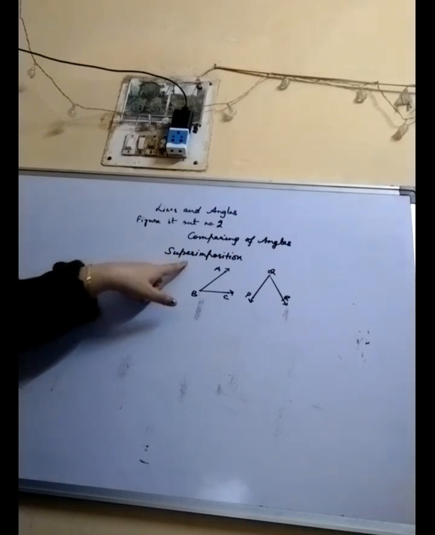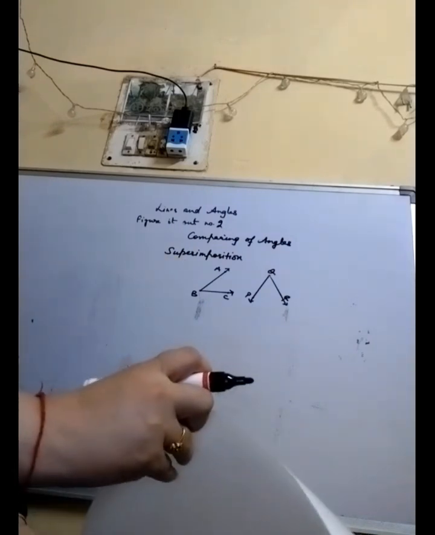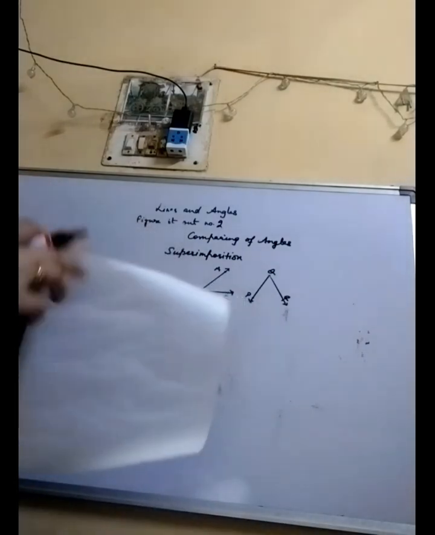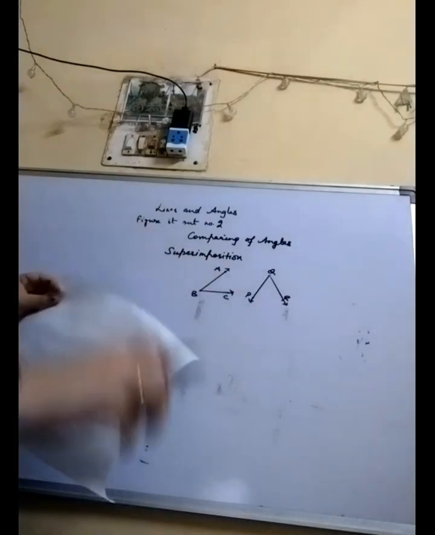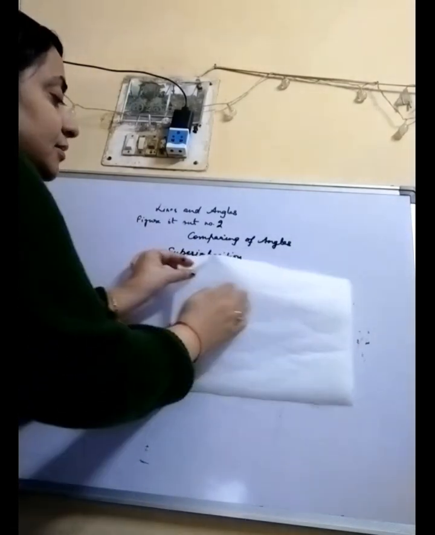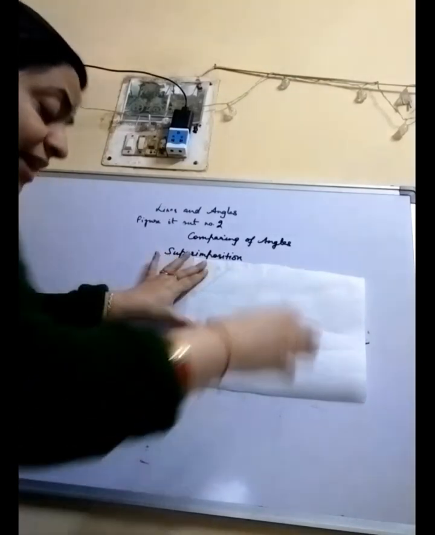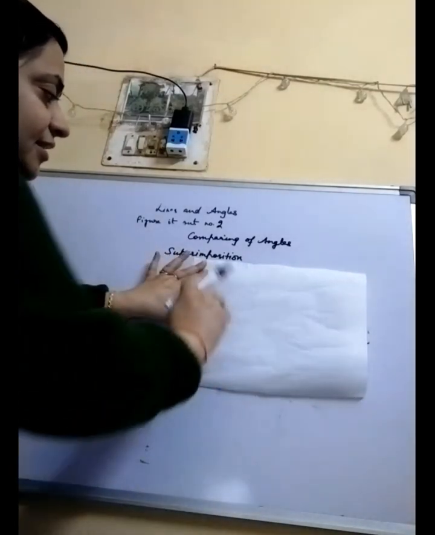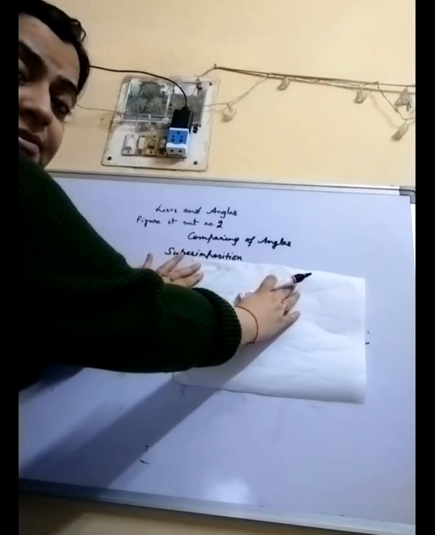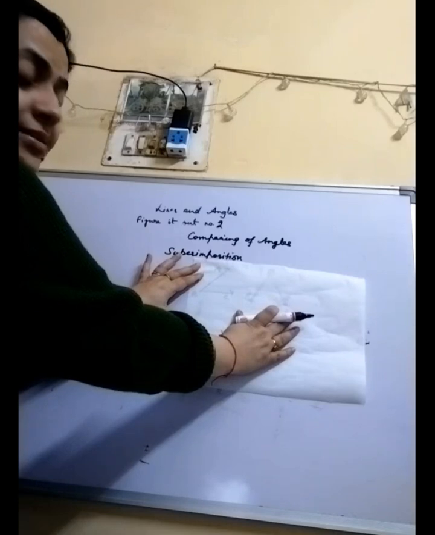So what is the superimposition method? For this method, we need a trace paper or butter paper. With the help of this, we would compare these two angles. So let's see here. Now on this butter paper, you can see that you are able to see the angles.